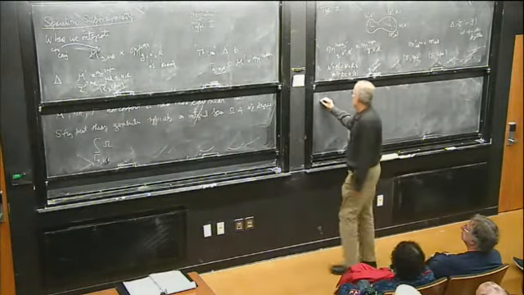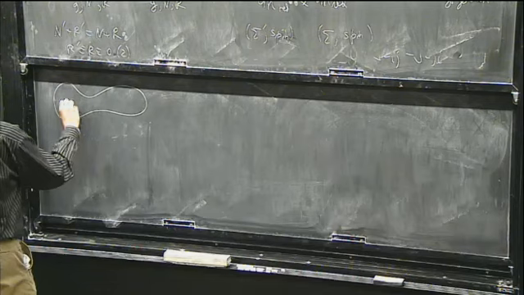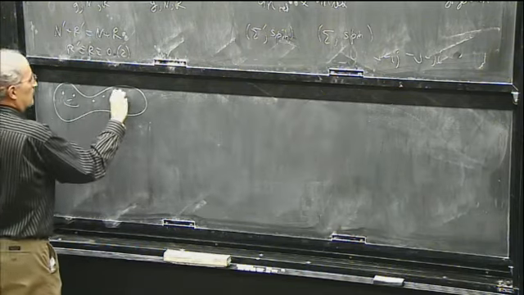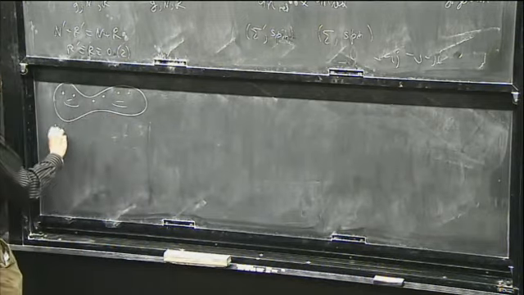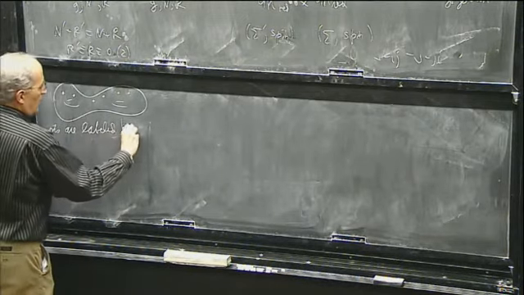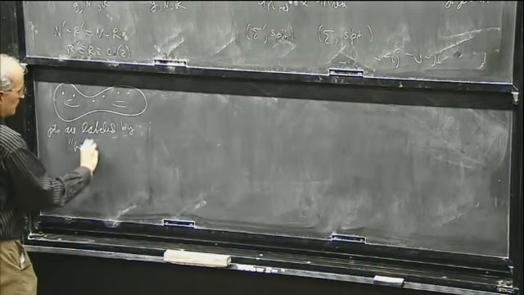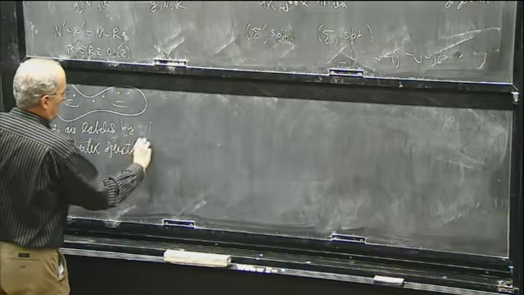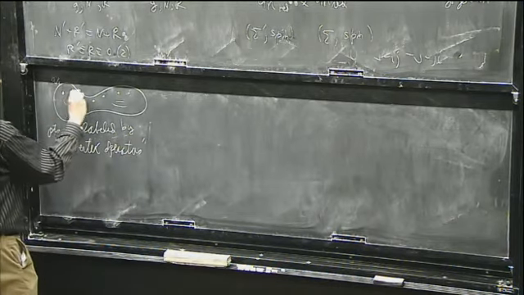So as in Dokter's talk, in general, points are labeled by vertex operators. So let's say V1 up to Vn.